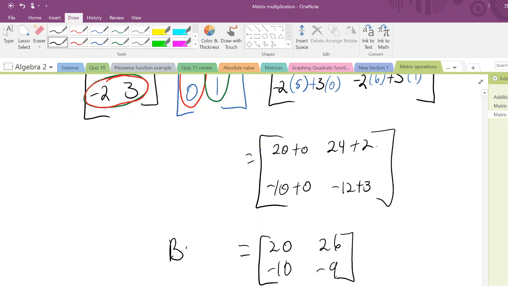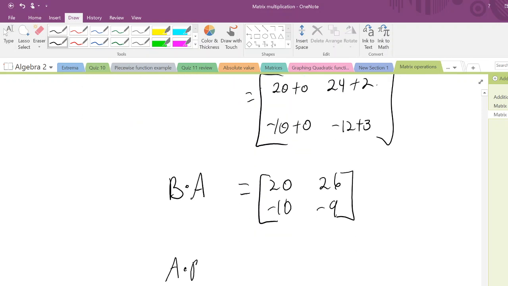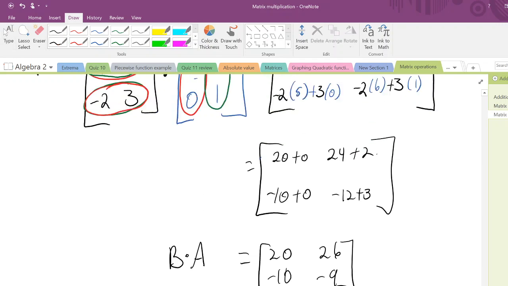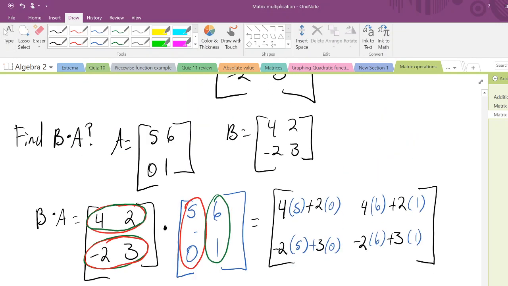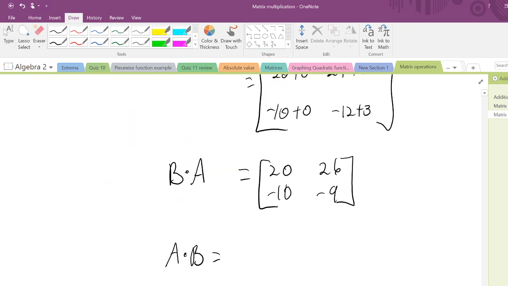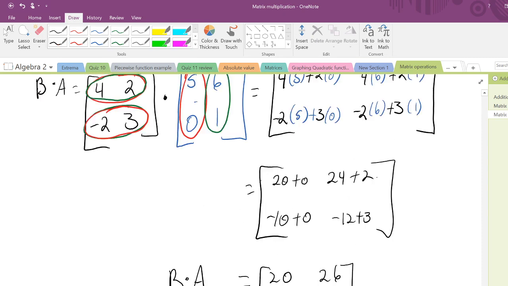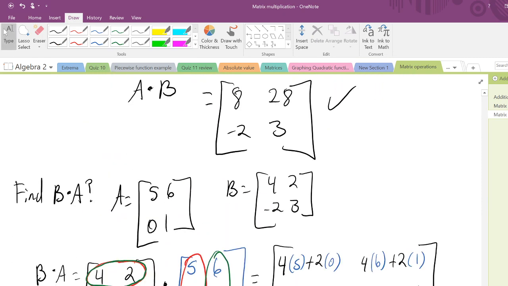So B times A is equal to this, and then A times B is equal to 8, 28, negative 2 and 3.